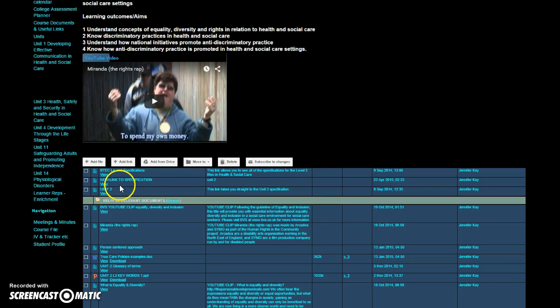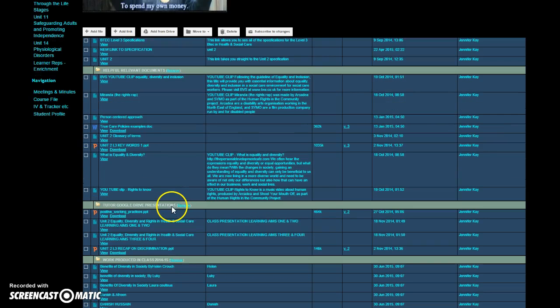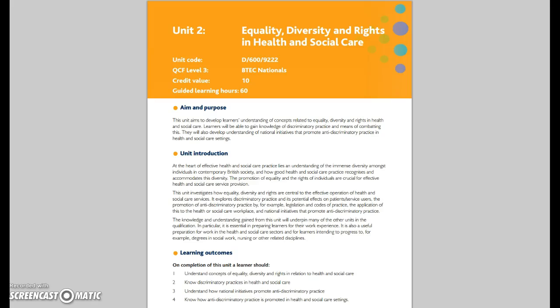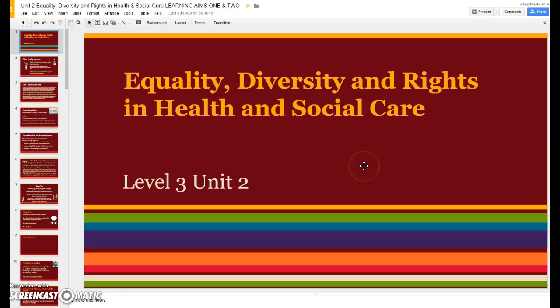Number one, open up this PDF of the specifications. Number two, scroll down till you find the one that says Unit 2 Learning Aims 1 and 2 and click View. Then you should have opened the specifications and also the PowerPoint presentation.